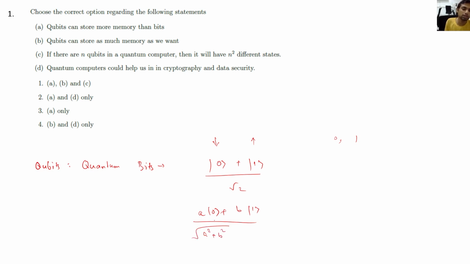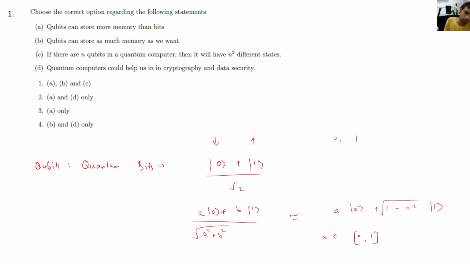You can change this A and B, or you can also write A|0> plus square root of 1 minus A squared |1>, and this A can be any value from 0 to 1.